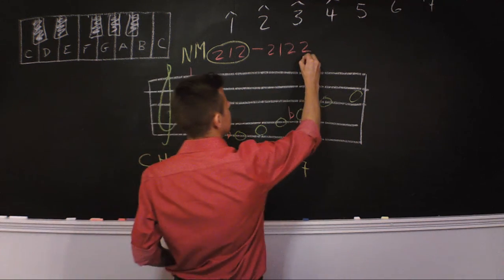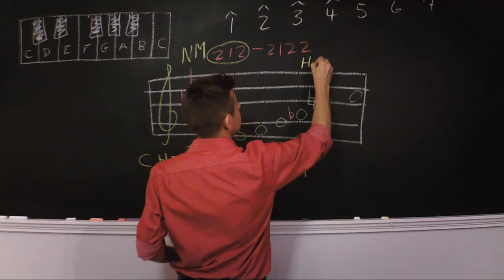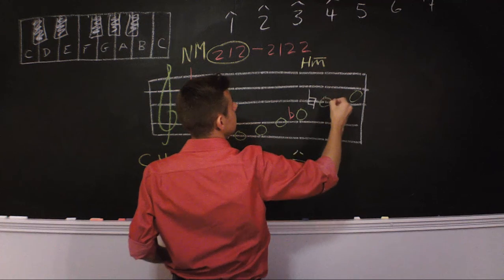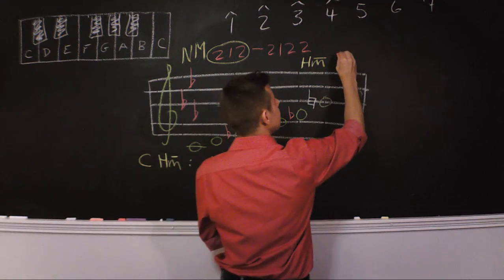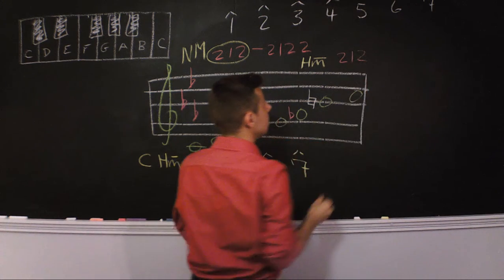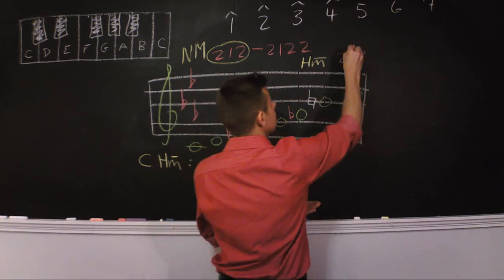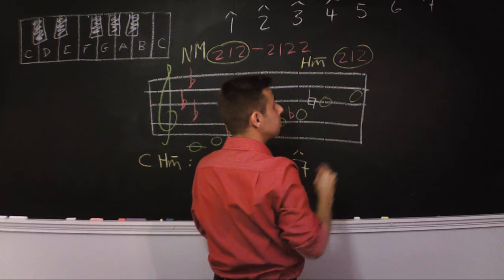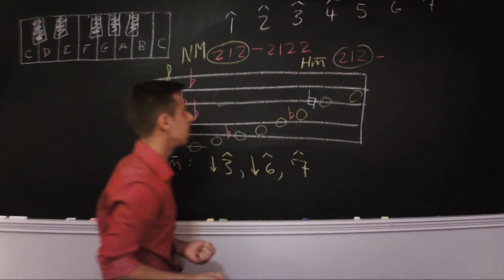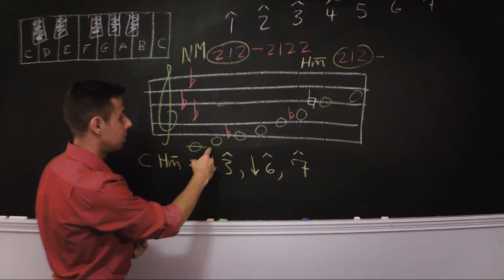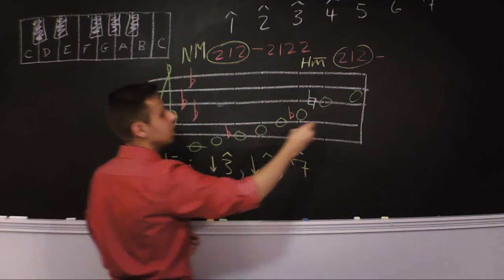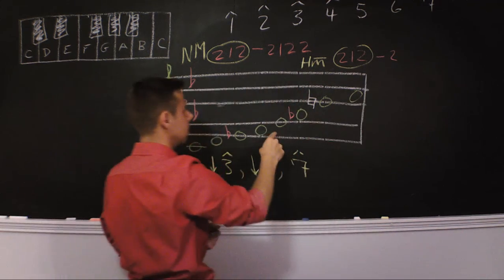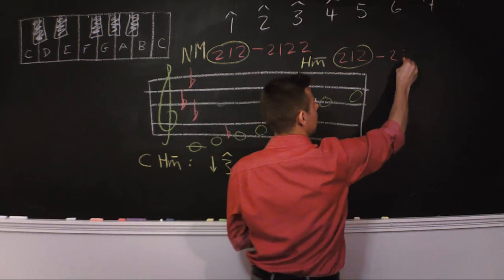We'll move down here now. Harmonic minor. And it still has the 2-1-2, so that hasn't changed. But what about this? So 2, 1, 2, F to G is 2, G to A flat is 1.